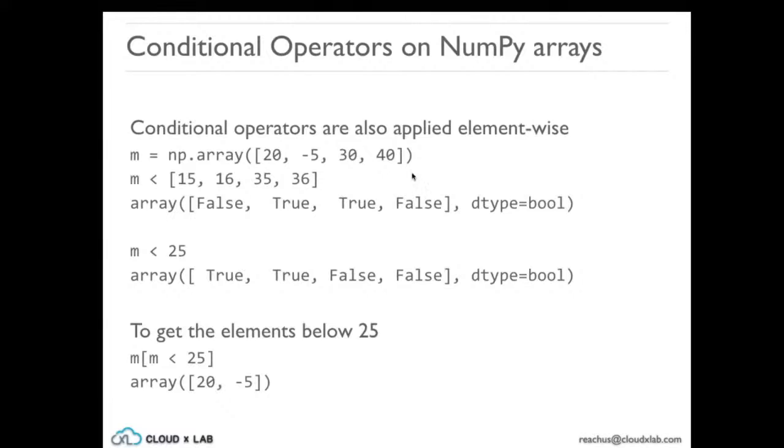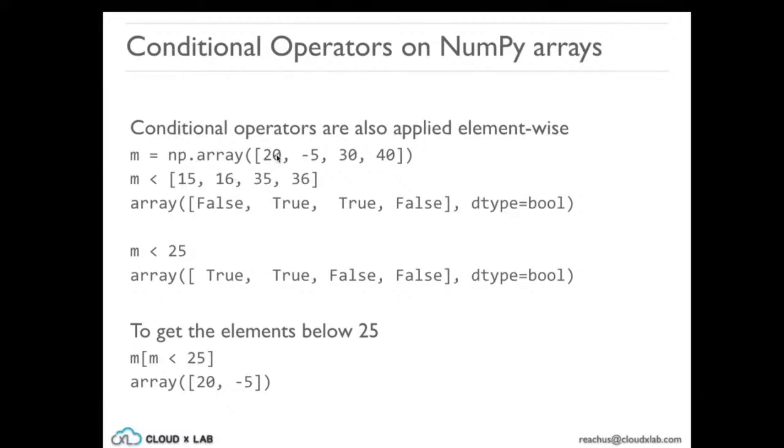I can even do conditional operators. I can check if I have an array of this and I want to compare it with another array, so an element-wise comparison. For example, I have another array which is 15, 16, 35 and 36, and the comparison I want is less than. I can just say m is less than this, and it would give me the result of the comparison.